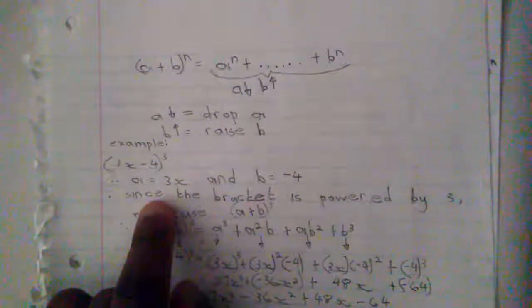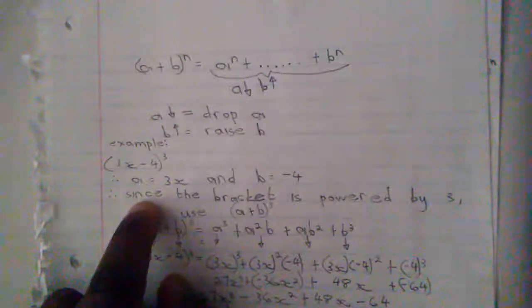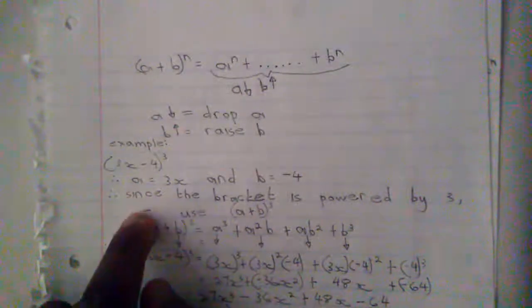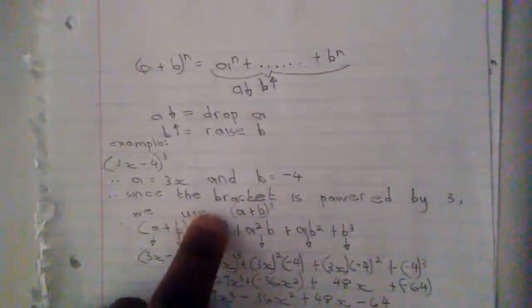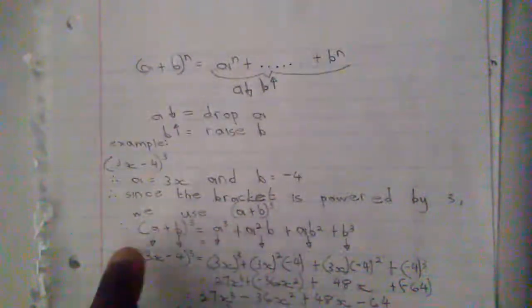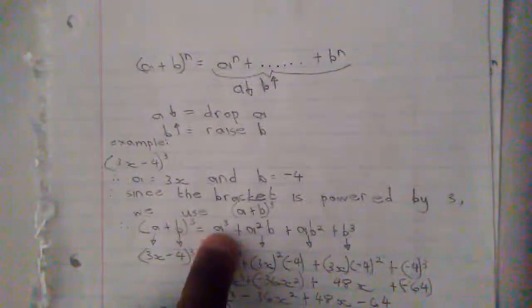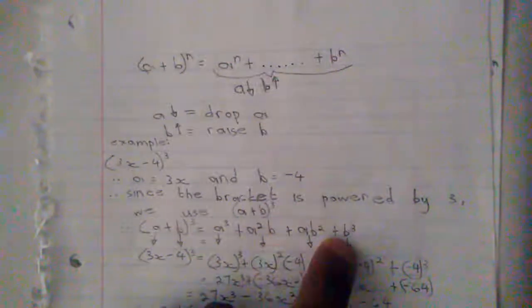For example, if we have (3x minus 4) all to the third, wherever there's a, we substitute with 3x, and wherever there's b, we substitute with negative 4. Since the bracket is powered by 3, we will use again (a + b) all to the third, which will equal a to the third plus a squared b plus a b squared plus b to the third.